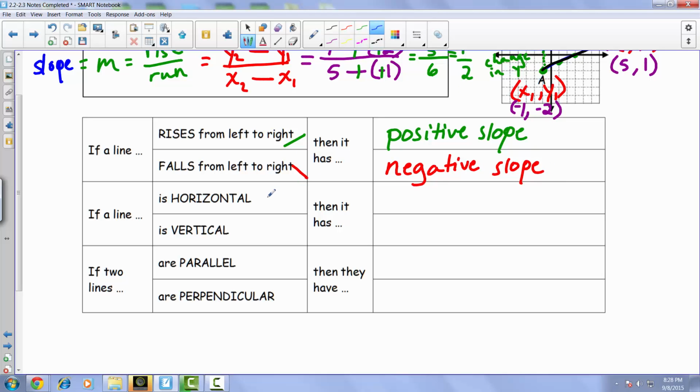If you are horizontal, then you would have no slope. In other words, you're not up or down any. This is also known as zero slope. If you are vertical, so if you're seeing something like this, that's an undefined slope.